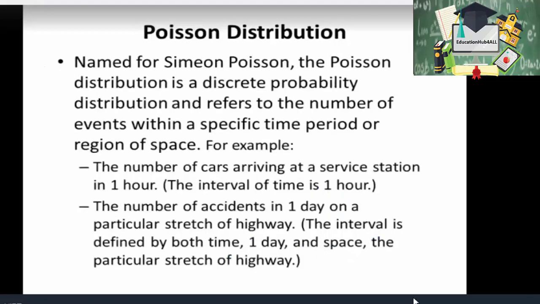Okay, but there are some other discrete distributions. One is the Poisson distribution. This also happens very often in society, in a bank, for example. The number of guests who visit a supermarket: we can have the average number of customers in a year, but every day the number changes.